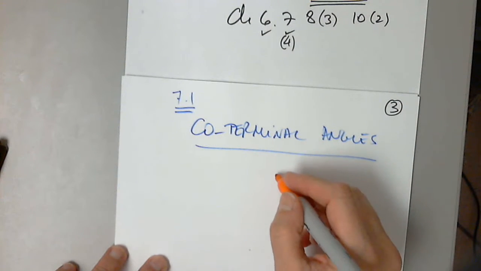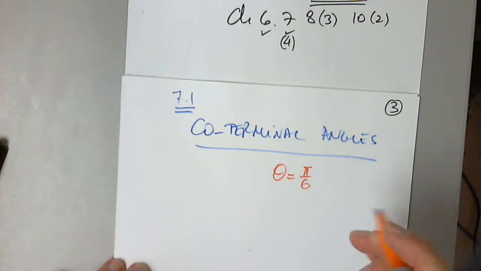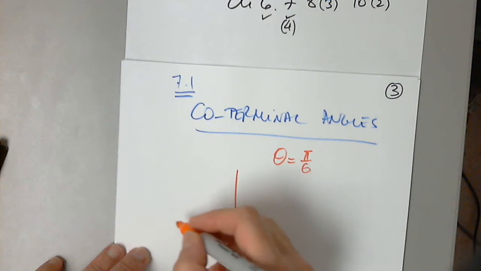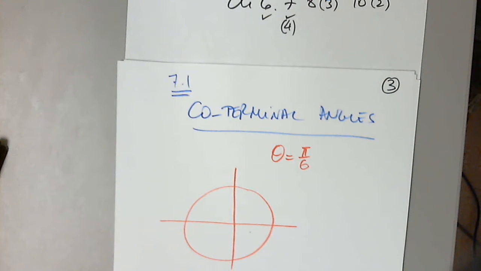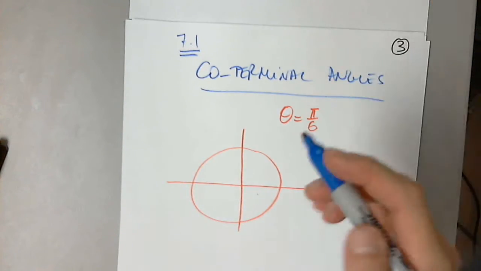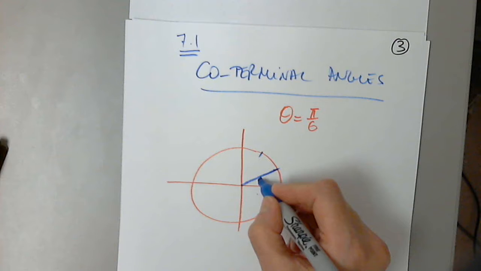So for example, angle theta, let's say pi over 6, it's in the first quadrant. It's 30 degrees. In order to show it as accurately as possible, I divvy up the first quadrant into 3 equal pieces or approximately equal. And this will be pi over 6. This is the angle theta.